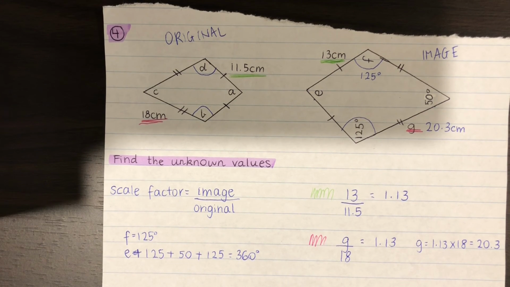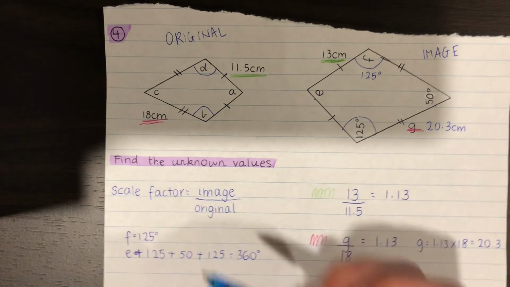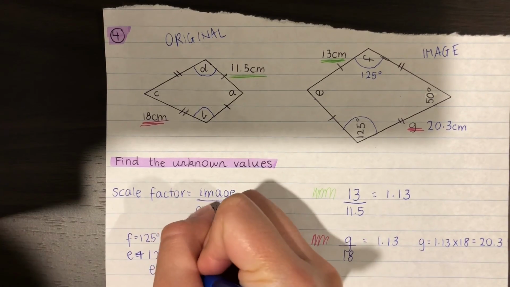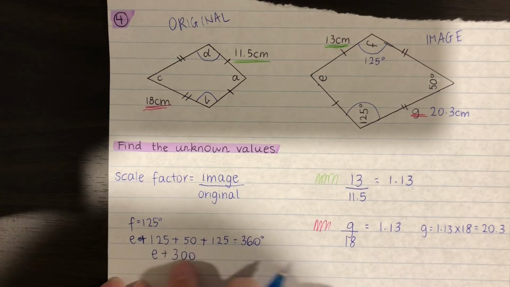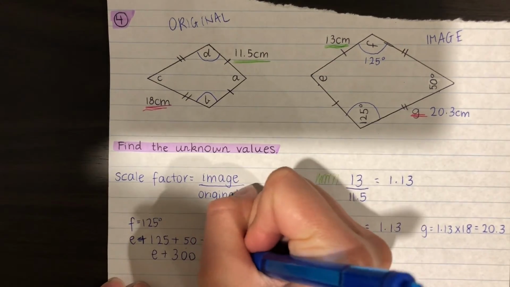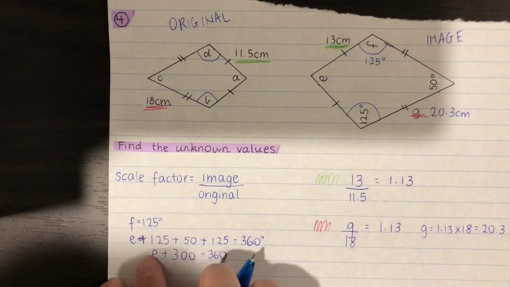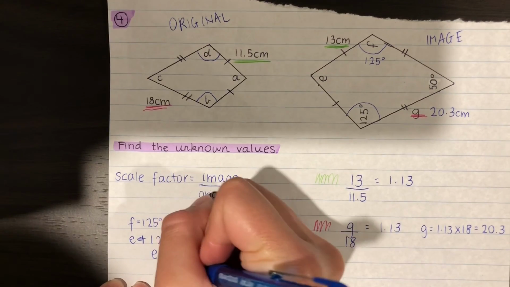Now you need to find out what 125 plus 50 plus 125 equals. That's 300. So E plus 300 equals 360. So E must equal 60.